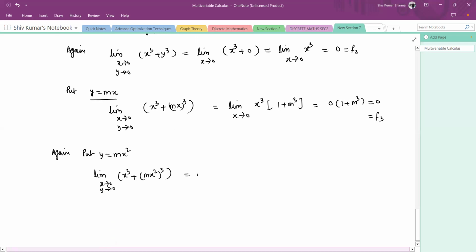This can be written as limit x tends to 0 of x cube plus m cube into x raised to the power 6.